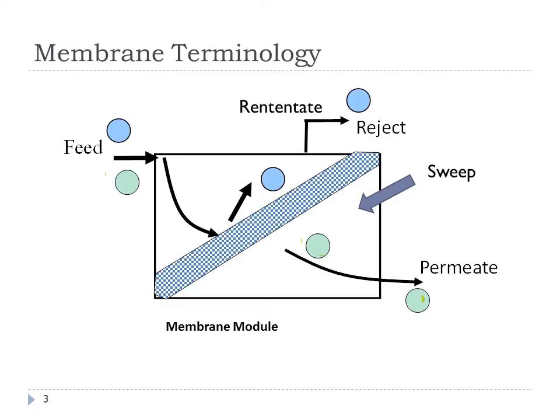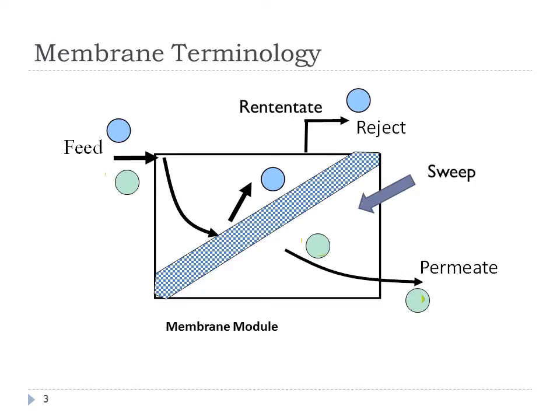On the other side of the membrane is normally where you're sending in your sweep gas, and the side opposite the feed is going to be the permeate. Those are the four main terms. So in a counterflow module, you have your feed and retentate: feed is the input, retentate is the output.